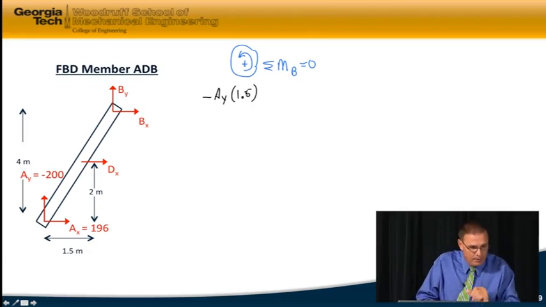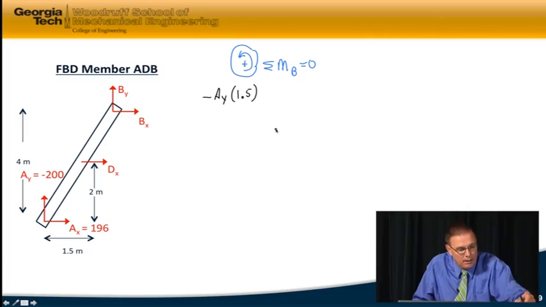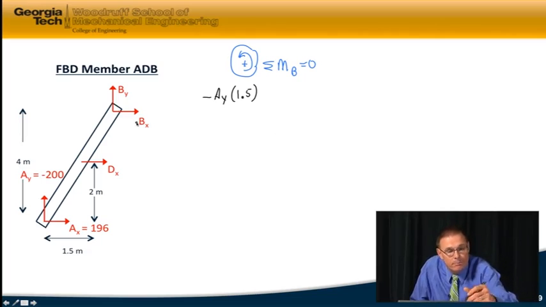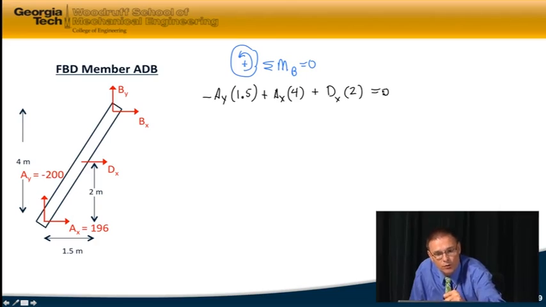And then I've got AX, which is going to cause a counterclockwise rotation about B, so that's going to be positive in accordance with my sign convention. So I got plus AX times its moment arm, which is 4. And then I also have DX, so plus DX times its moment arm, which is 2, equals 0.